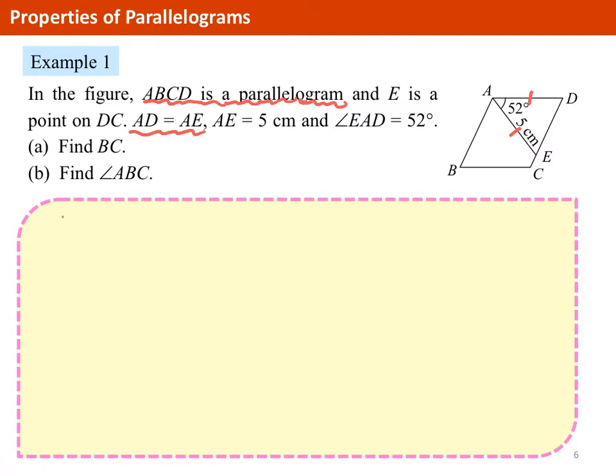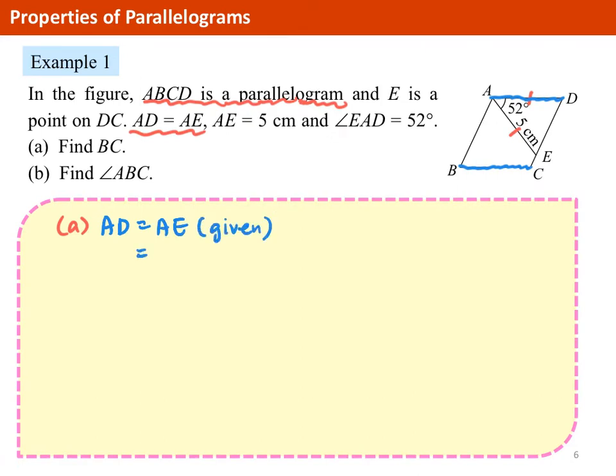Find BC. So first of all, we can see that BC actually is the opposite side of AD. It's given that AD and AE are equal. So first of all, we can write down AD equals AE, and remember to write down the reason: given.